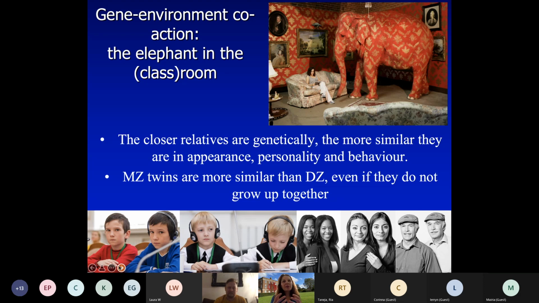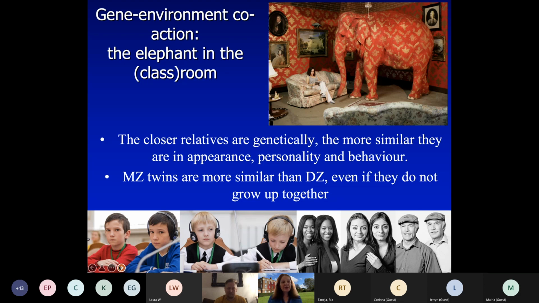So this gene-environment interplay remains an elephant in the room, because if you talk to people, most people accept that genetics has something to do with our character, our personality, our ability, and similarly, environments are very important. But when people talk about it, especially in educational contexts, often people become very one-sided.